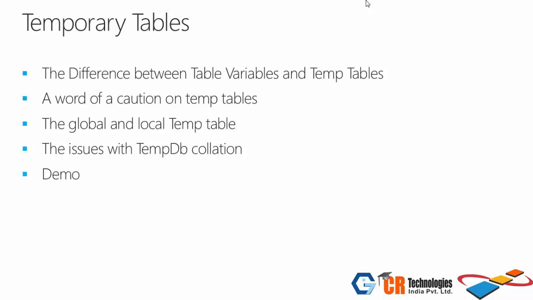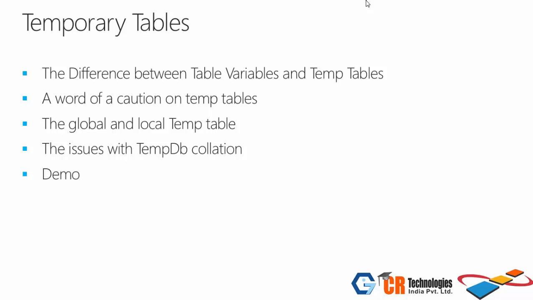I would recommend this as a best practice, irrelevant to whether your tempdb has the same collation as your user database, because there could be times when you might be migrating this database to another instance, and the other instance has a different collation, and then you will have to go back and recode once again. So do not let your hash tables default to the tempdb collation.